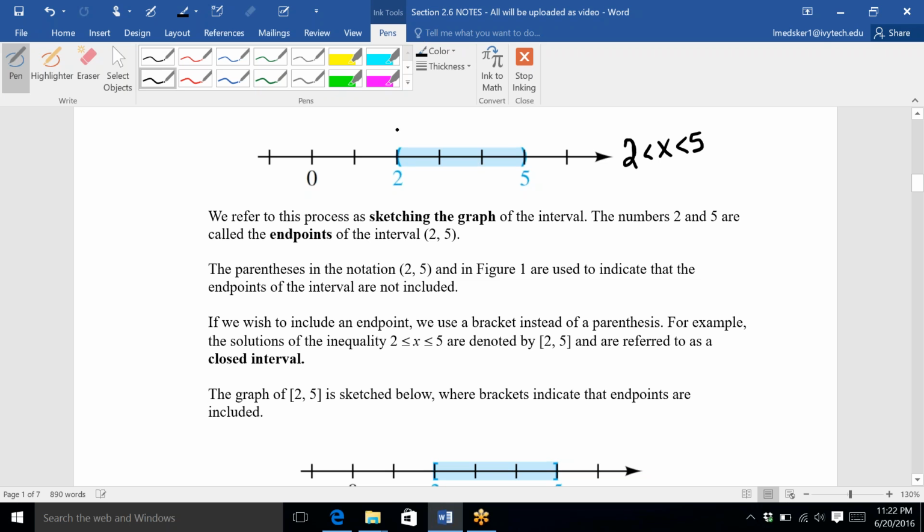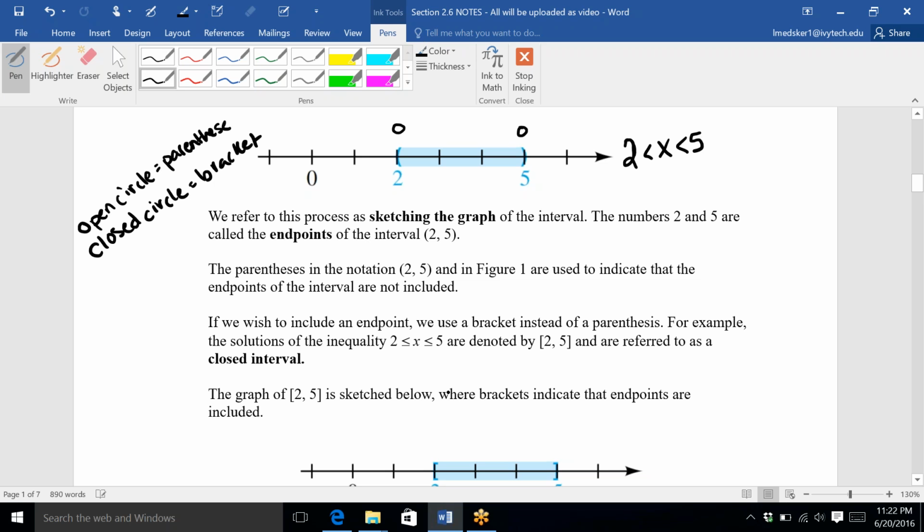And notice that some people remember in other books you use an open circle when you had just a less than, or if you have an equal to, you use a closed circle. Open circle in our book is the same thing as a parentheses, and closed circle is the same thing as what we call a bracket.